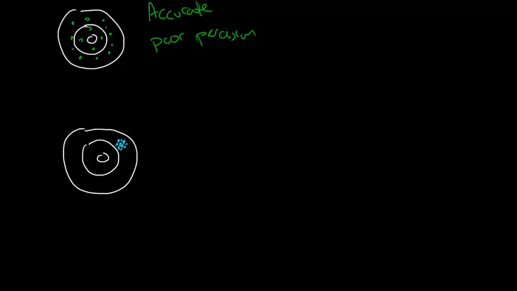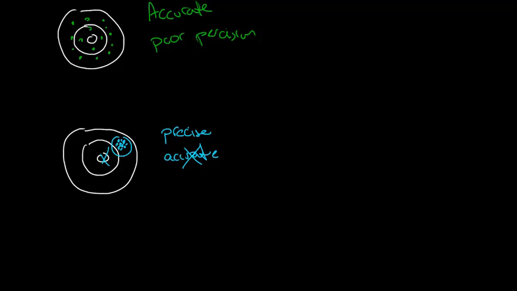Since this measurement is very reproducible, we have a high degree of precision. However, since these are not at the bullseye, we are not getting the correct measurement, so we are not accurate. But since each of the shots hit in the same spot, we do have a high degree of precision.